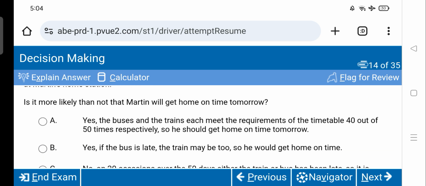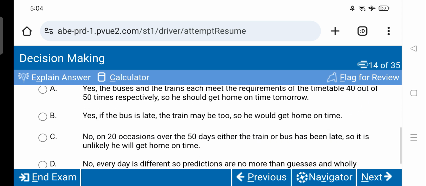Option A, yes. The buses and the trains each meet the requirements of the timetable 40 out of 50 times respectively. So he should get home on time tomorrow. Option B, yes. If the bus is late, the train may be too. So he would get home on time.